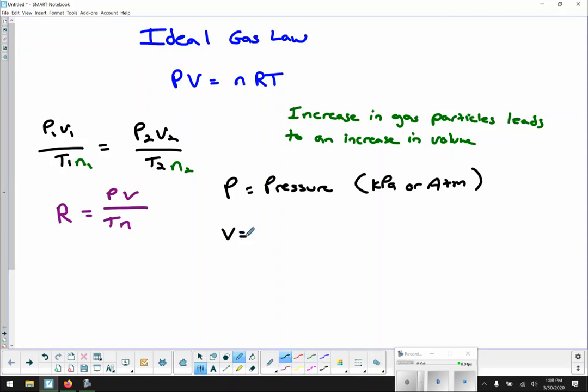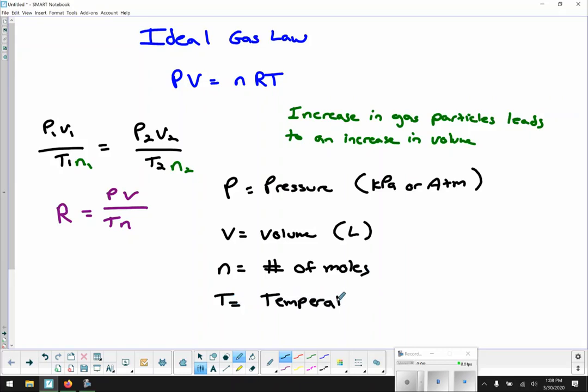Then V equals volume, and that's in liters. n equals number of moles. I don't know if n actually stands for number of moles, but that's how I remember it. T equals temperature, and that's always in kelvins. And R is the ideal gas constant.